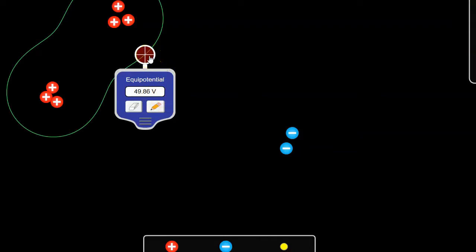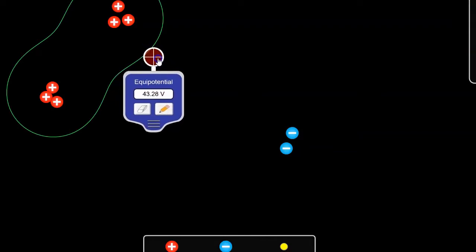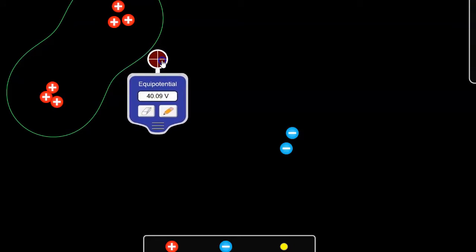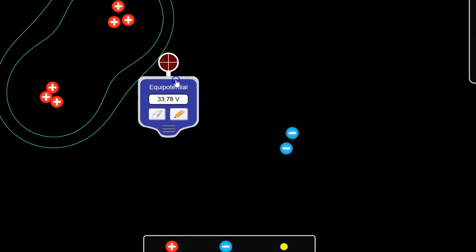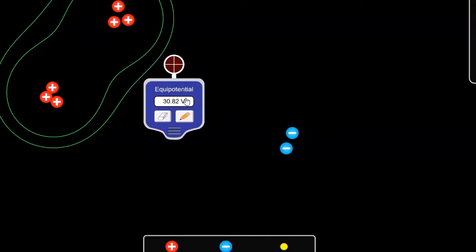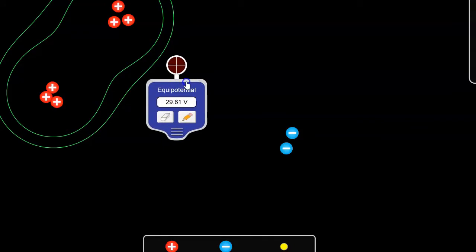Let me go to 40 now. So 41, 40, that's as close as we're going to be, 40.09. So now I'm going to plot the line of constant electric potential being 40 volts. Looks like this. Let's go down to 30. Do a bit better than this. Oops. There we go, 29.9.